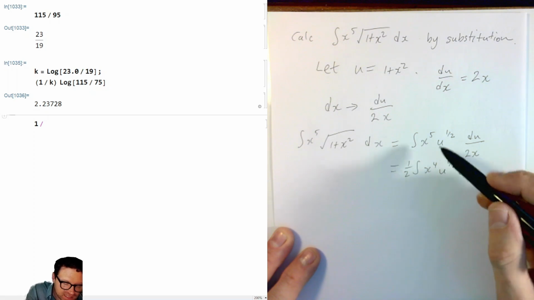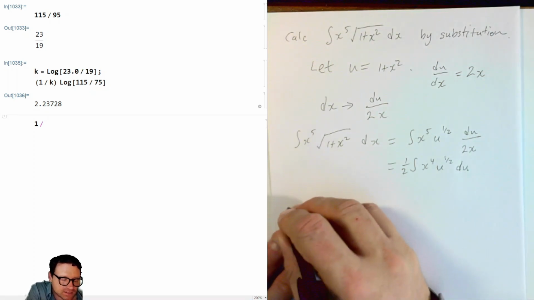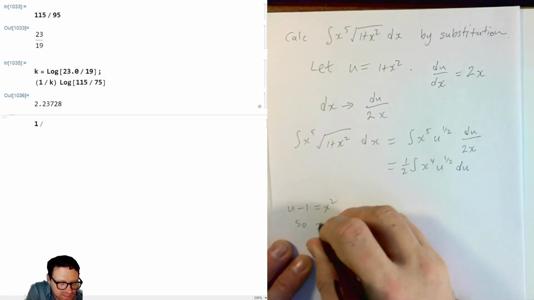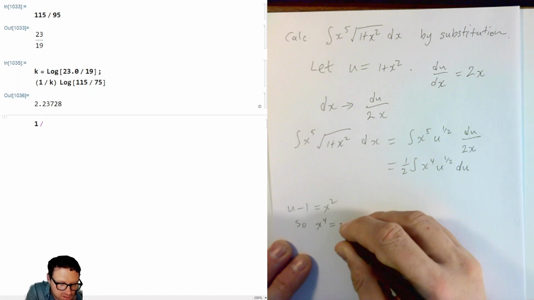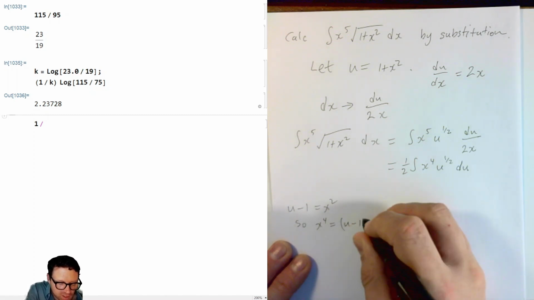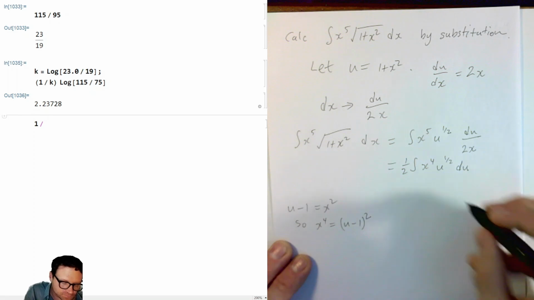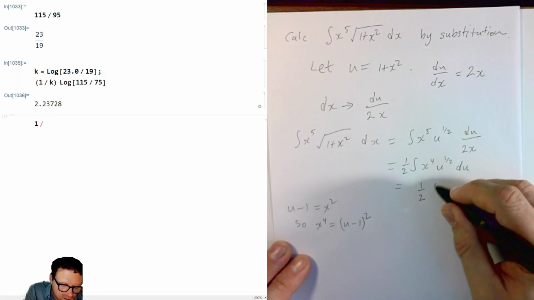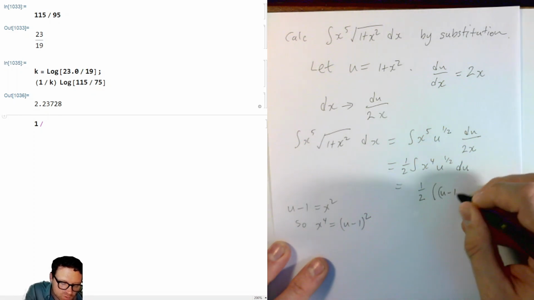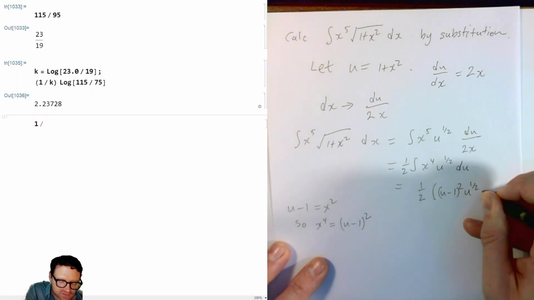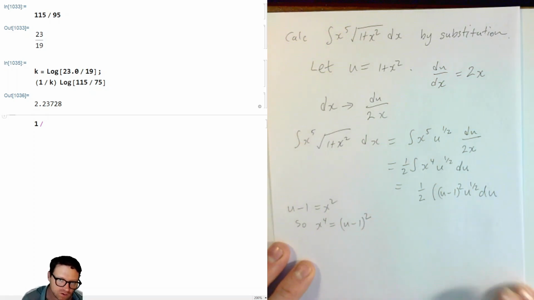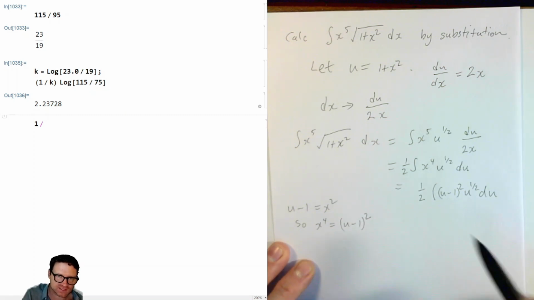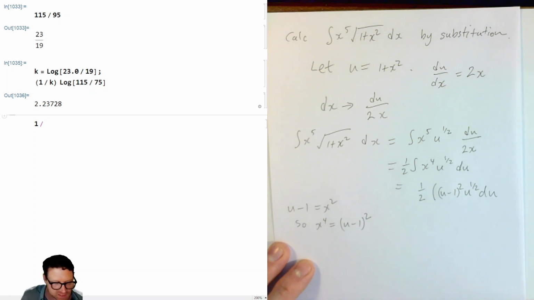Okay, now let's apply a trick here, because what we see is that u minus 1 is x squared, so x to the fourth is the square of this, u minus 1 squared. So we've got half the integral of u minus 1 squared u to the half du. And now this is a polynomial times u to the half, so we can expand that and have a sum of u to the power of p, where p is possibly a fraction.